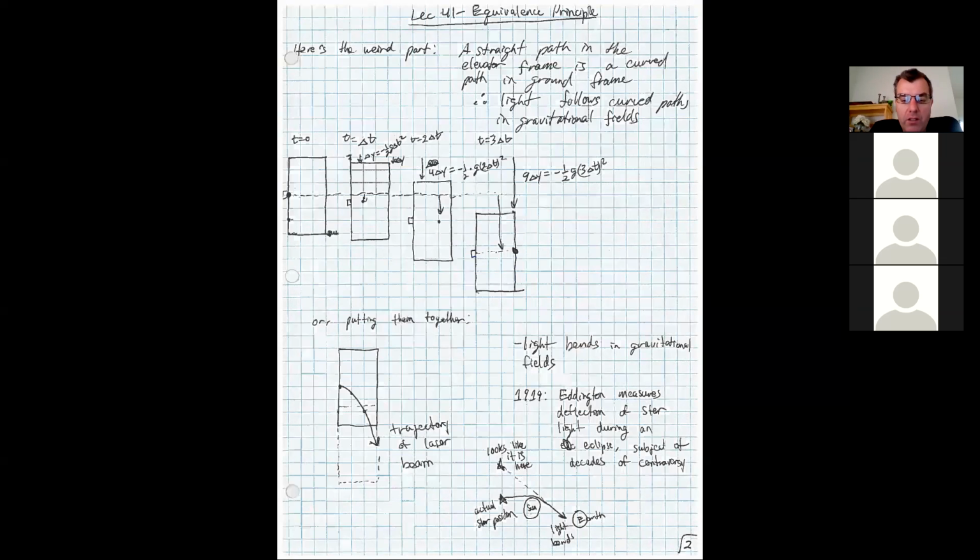And they had to do that during an eclipse because there's no way you could see a star that's right next to the sun in your field of view, or almost next to the sun in your field of view during the day. They had to wait for the eclipse so that all of the light from the sun that gets scattered in the atmosphere was blocked out.